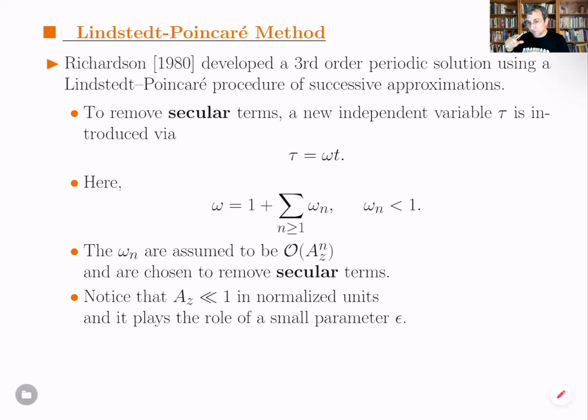So AZ, we're assuming, is something smaller than 1, typically much smaller than 1. So it's playing the role of some small parameter. And that's what the Lindstedt-Poincaré method needs. So there is more to this Lindstedt-Poincaré method, but I have that in a separate video. I just don't have time to go through it here. I'll provide a link to that video.